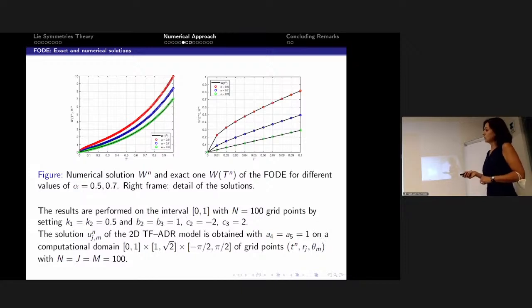At the bottom of the slide, I report the parameters that we set for the computation. Now, the exact and numerical solutions are used in order to obtain the exact and numerical solutions of the original model by applying the inverse transformation.